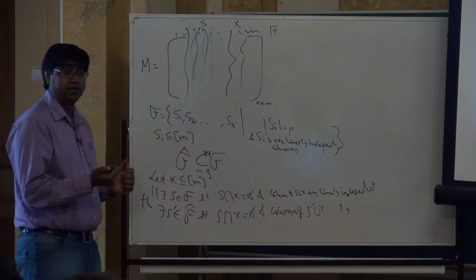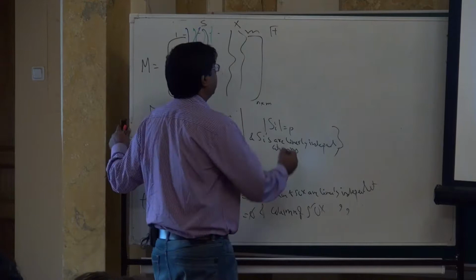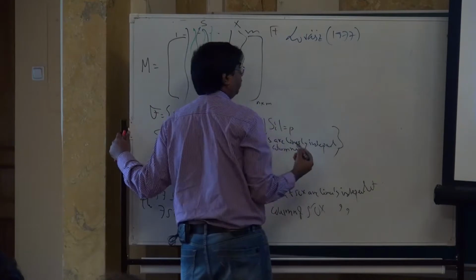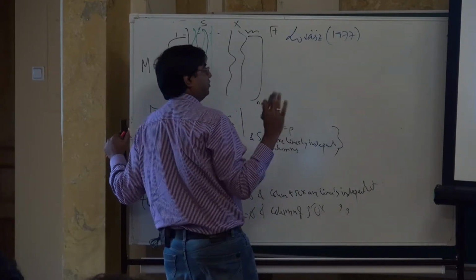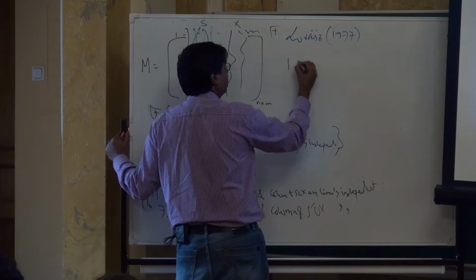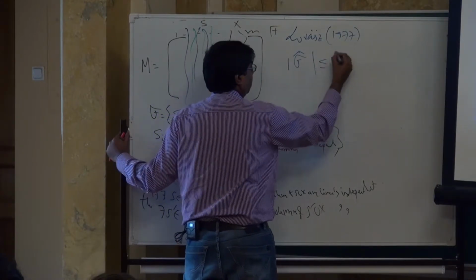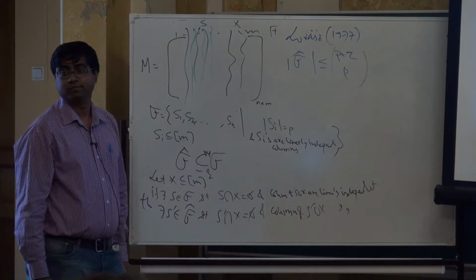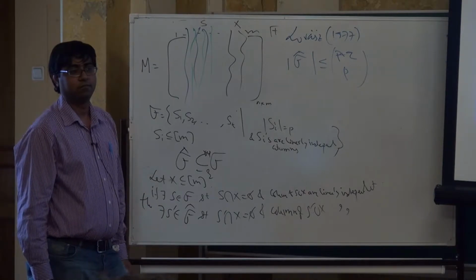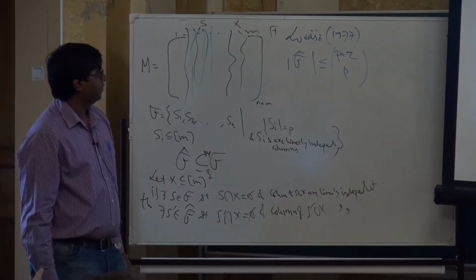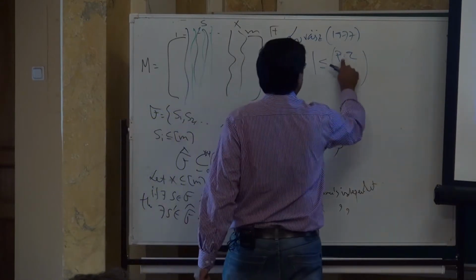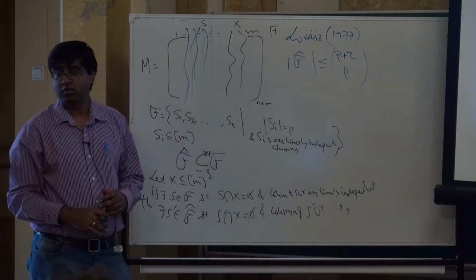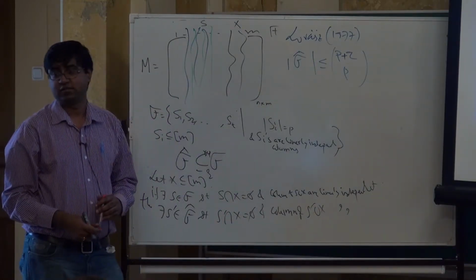And the great theorem, proved by Lovász in 1977, which uses some very advanced algebra, is that the bound is P plus Q choose P. It's exactly the same bound as whatever we have seen for sets.